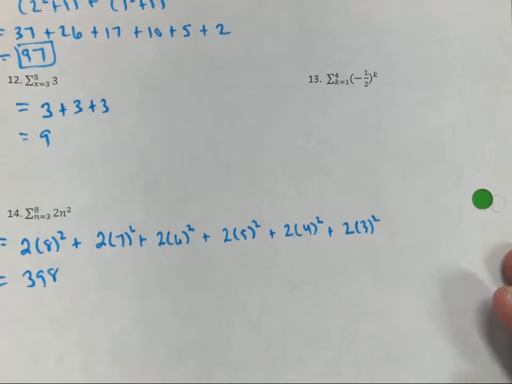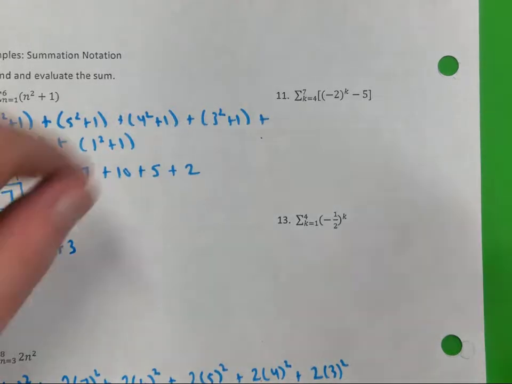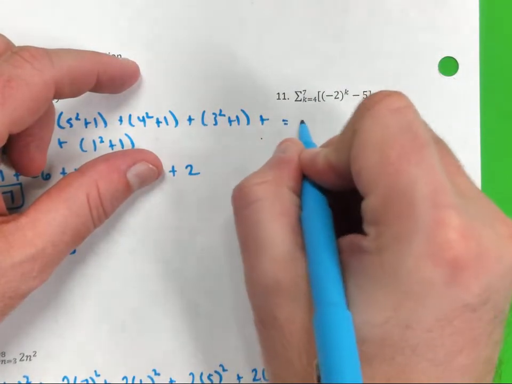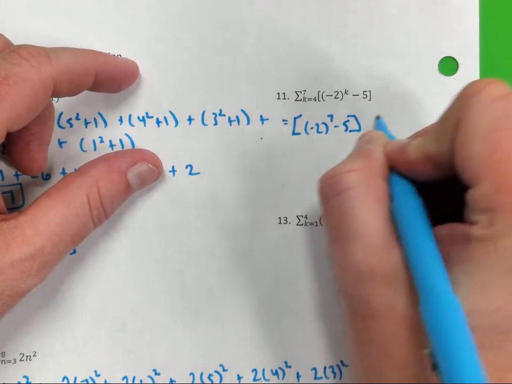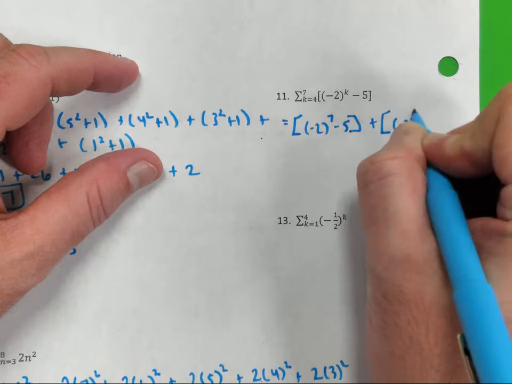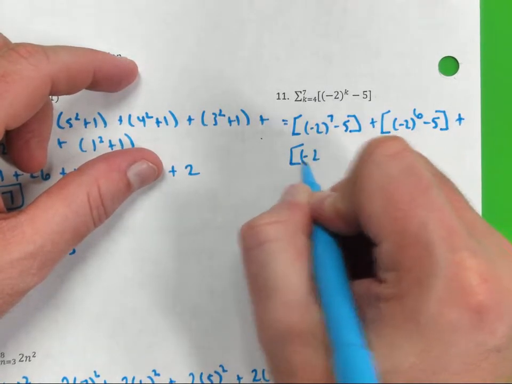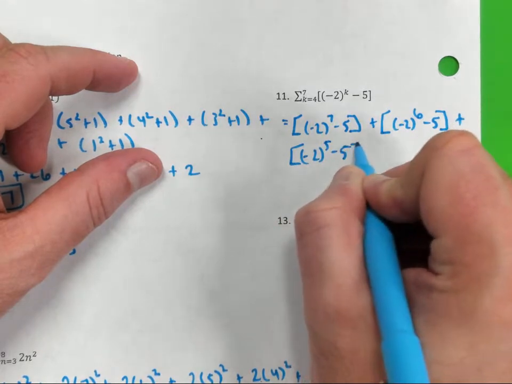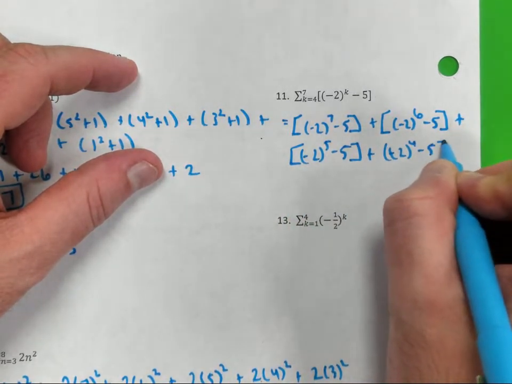Let's look at number 11. What numbers are we concerned with, between what numbers? 4 and? Do you include 4 and 7? Yes. So here we go. Negative 2 raised to 7 minus 5 plus negative 2 raised to 6 minus 5 plus negative 2 raised to the 5th minus 5 plus negative 2 raised to the 4th minus 5.